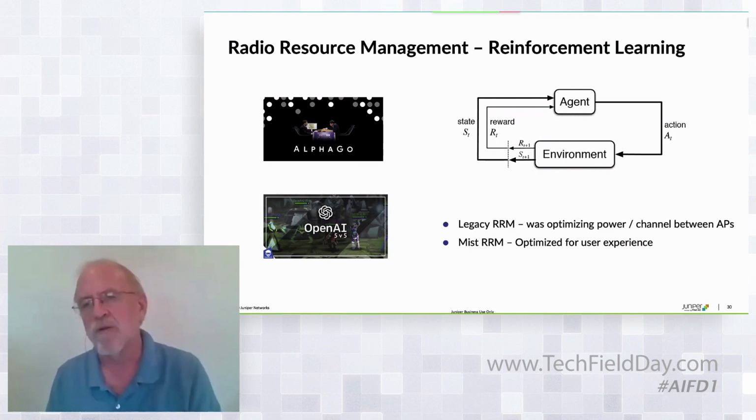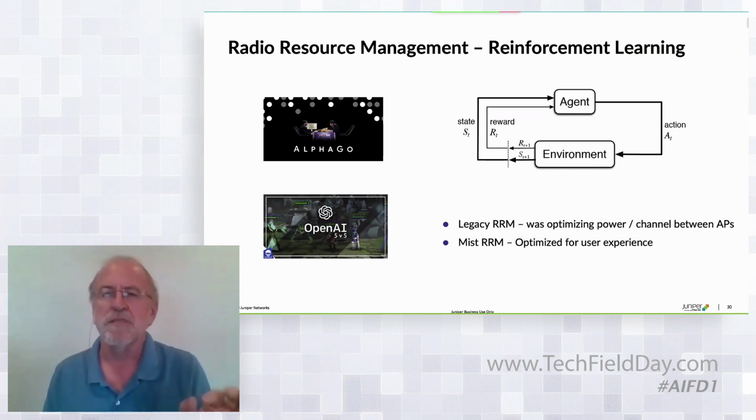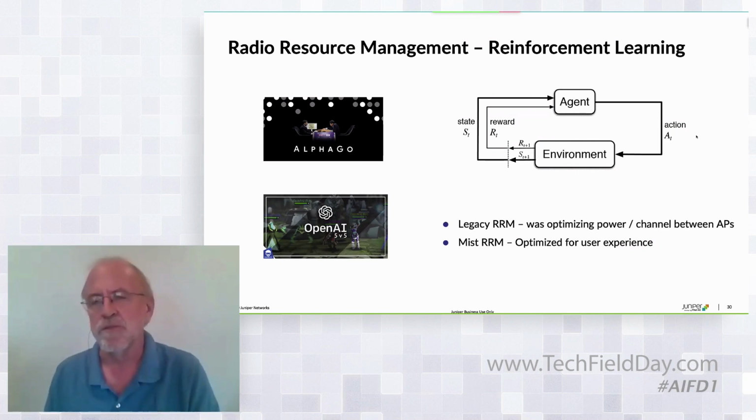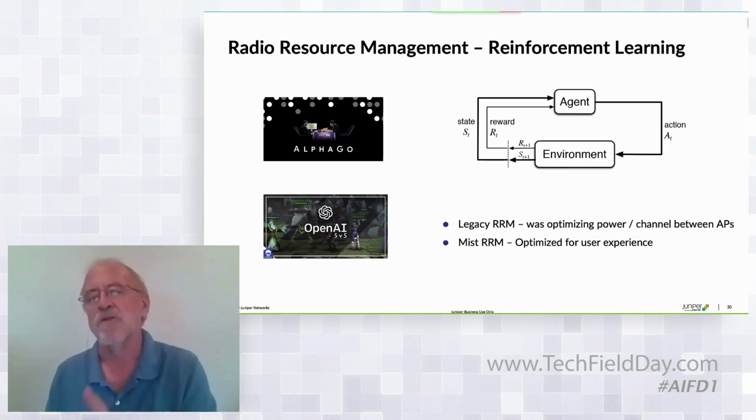So these RRM algorithms are now trying to optimize the connection between the user and the access network, and make sure it's symmetrical. That's reinforcement learning, and that's been the big change in the last 20 years that gives you better experiences. If you talk to some of our big customers who have tried it, they're starting to see RRM actually work for the first time.